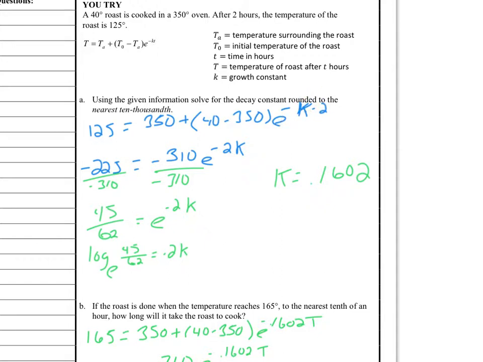So again, once you've plugged it in, it now just becomes, can I solve this type of problem that we made you practice in class a couple of days prior. So divide by negative 310, get that nice fraction there. Change it to logarithmic form from exponential, so log base e, the base stays the base, log always equals the exponent, so it equals negative 2k. Type it in the calculator, get an answer.